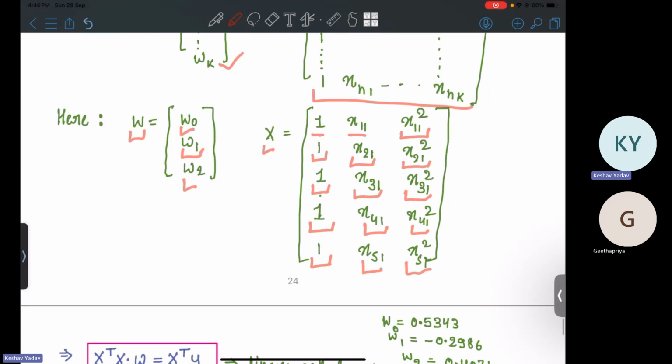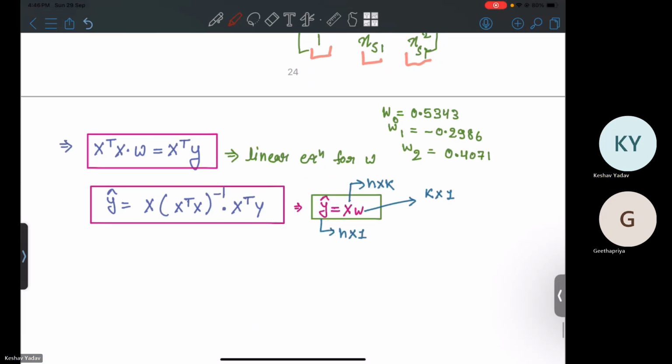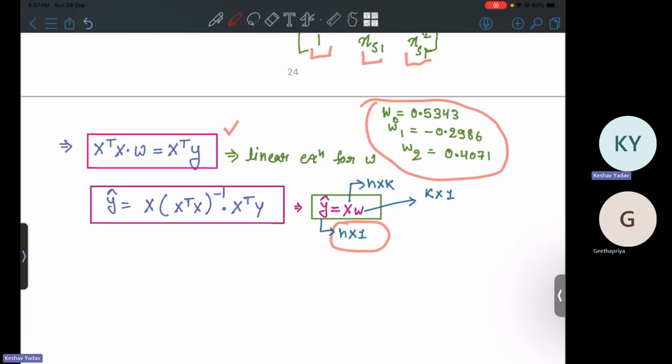These are the values we have. Then once we have this X, we'll use this condition to find W. And once we find W, we'll use Y hat equal to X W to find Y. Okay. So let me stop share from here.